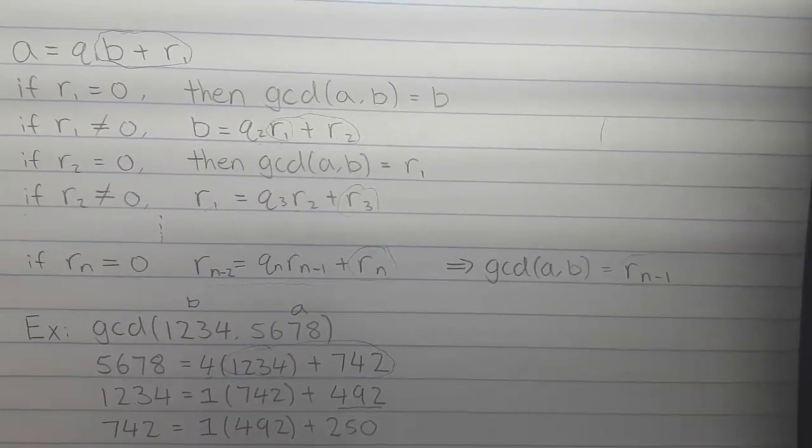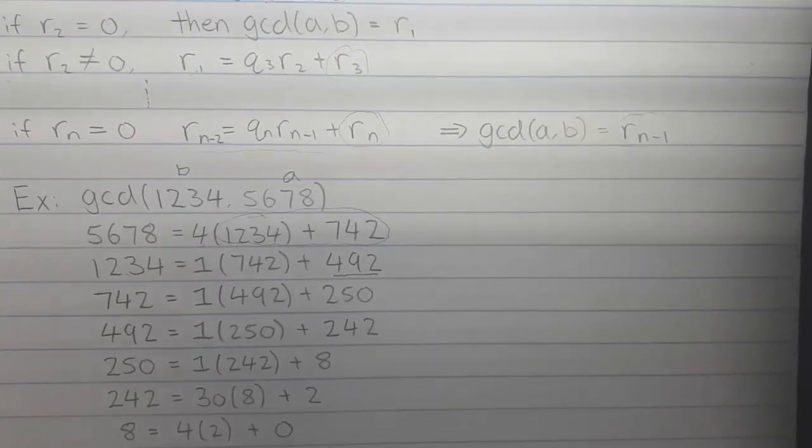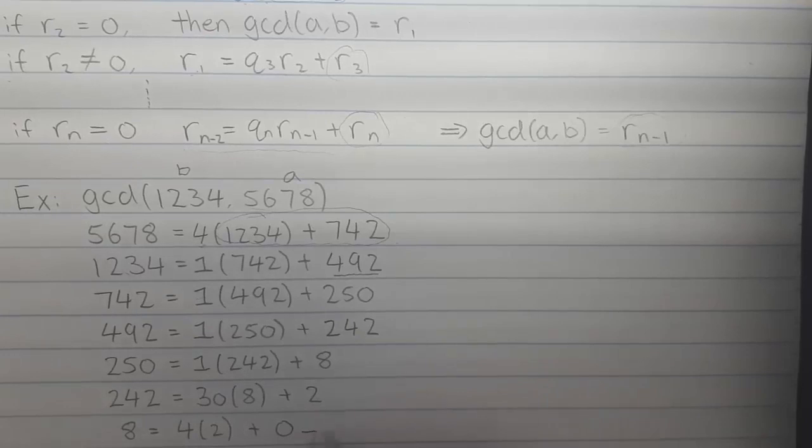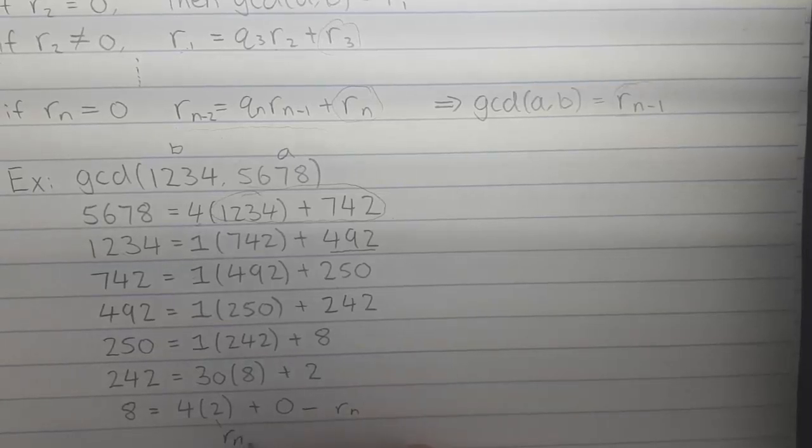And this will keep on continuing until we get here, where we find 8 = 4 × 2 + 0. This 0 here would be Rn, and this number here, 2, is Rn-1. And so is this 2.